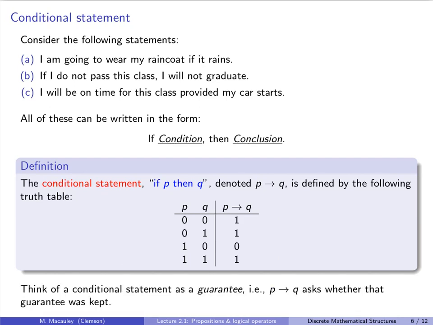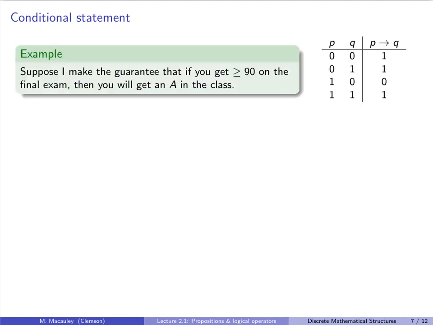The answer is to think of a conditional statement as a guarantee. In other words, P implies Q asks whether that guarantee was kept. This is best seen with an example. So let's do one now.